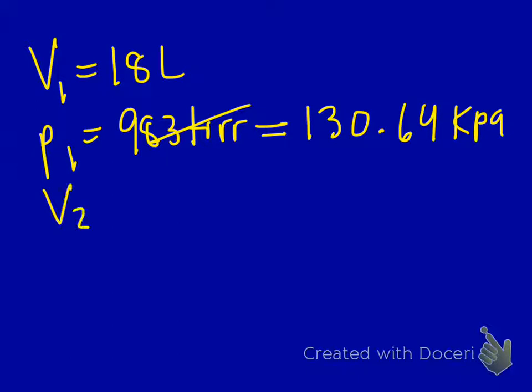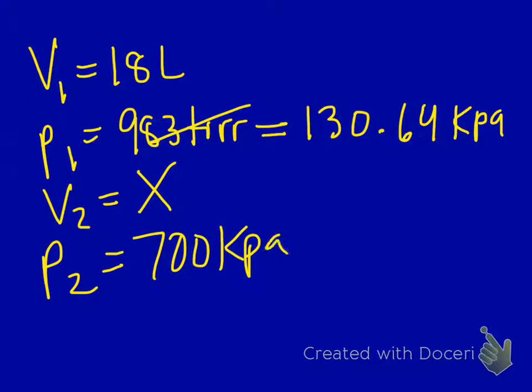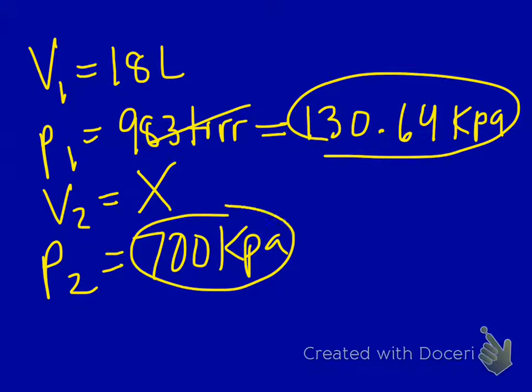Okay, V2 is X. We wanted to know what the new volume is going to be, and my second pressure is 700 kPa. So now I see that both of my pressures are the same units. That's good. That's what I want. And I don't have any temperatures, so I don't have to worry about temperature in this equation, right?